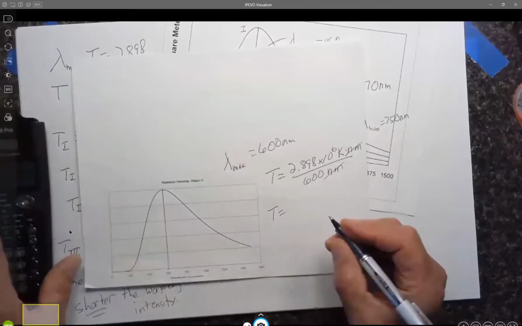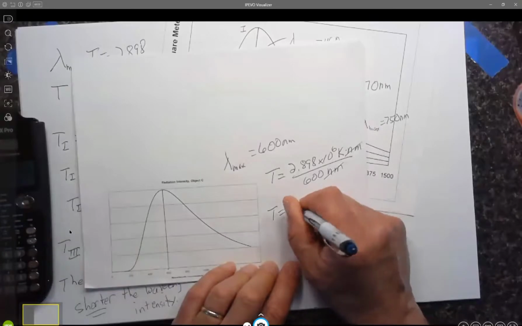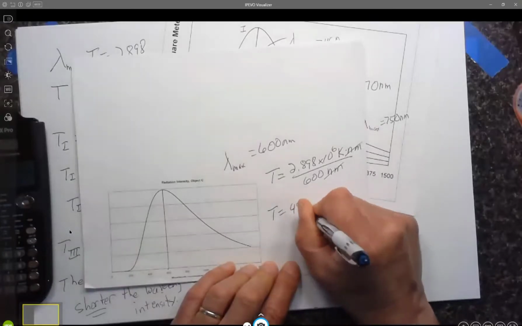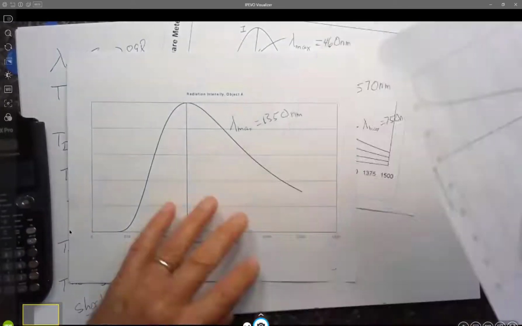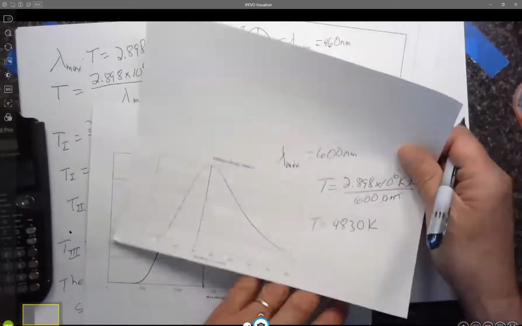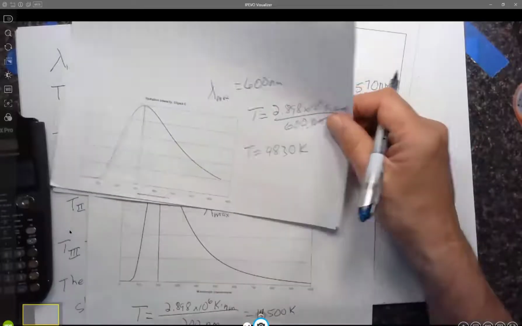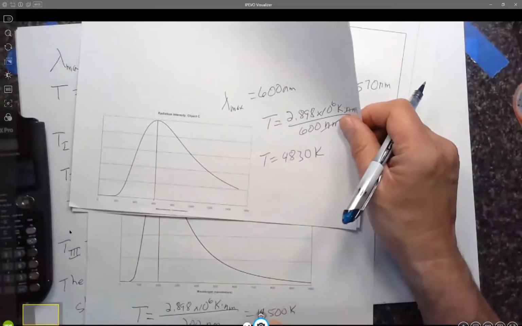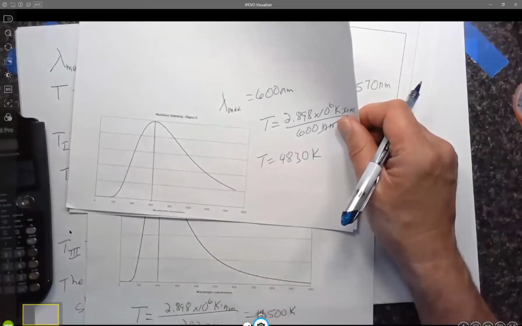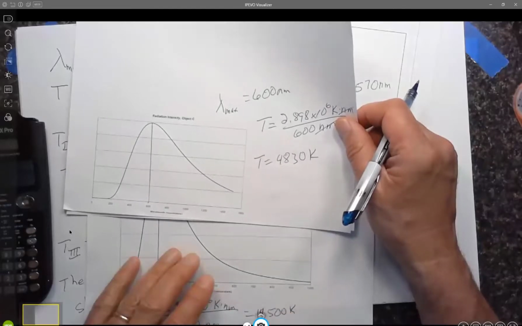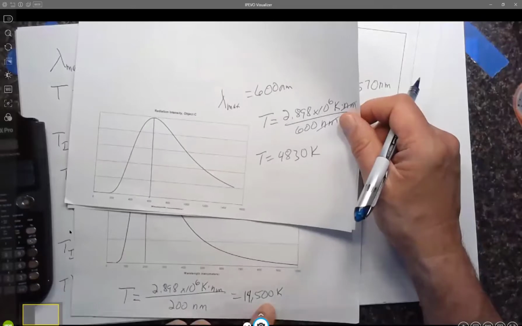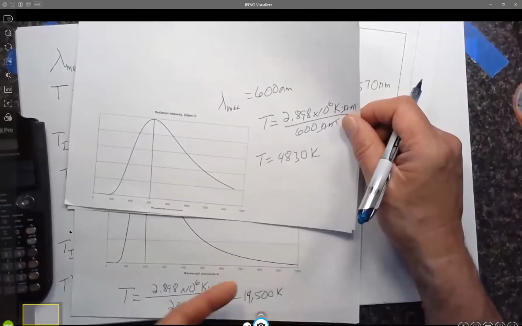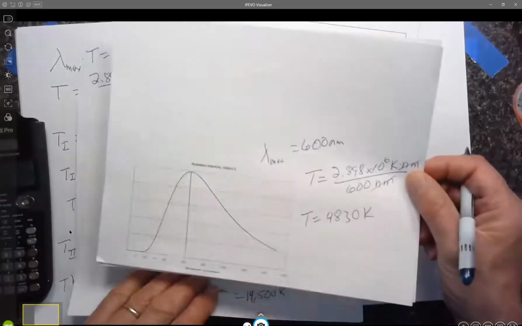And I get 4,830 Kelvin. That is just about a third of what that one happens to be. It should be exactly a third if I actually kept the right number of significant figures on everything. But, so, less than a third.